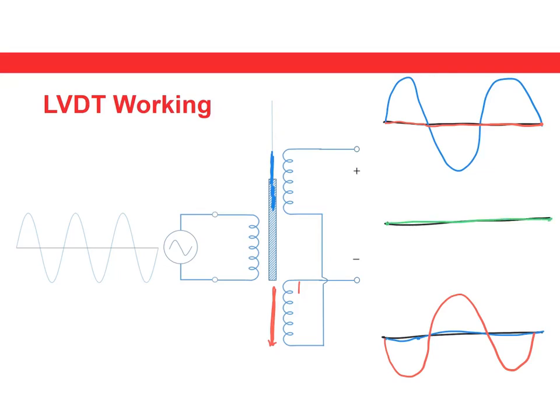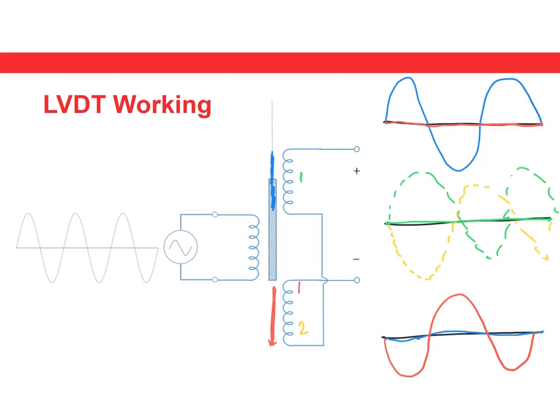When most of the magnetic field is being induced to the first coil, we have a very large voltage here. And when most of it is being induced to the second coil, then we again have a very large output here.